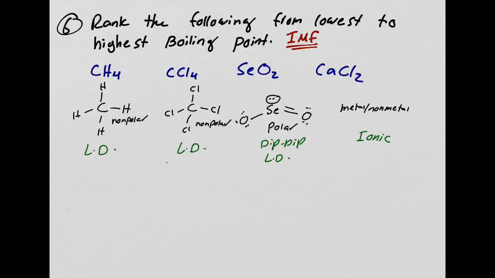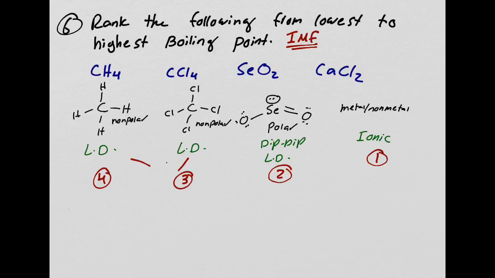My highest IMF would be ionic, then dipole. Now between these two, we talked about that. The one that has a higher molecular weight, higher total number of electrons is going to have a higher London dispersion, which would be CCl4, because then you have a higher chance of having a temporary dipole.